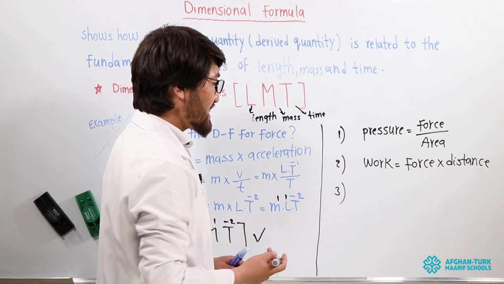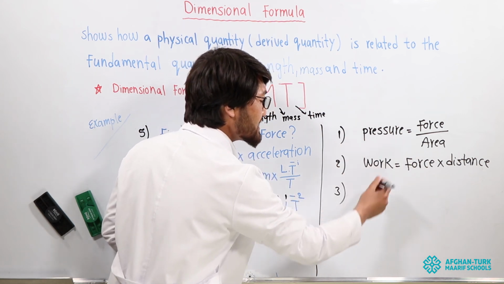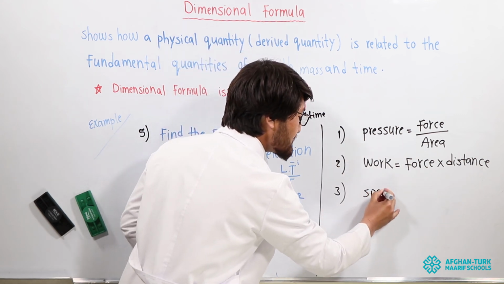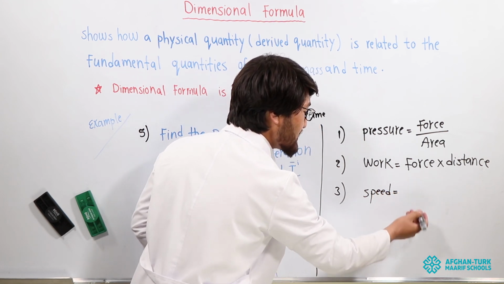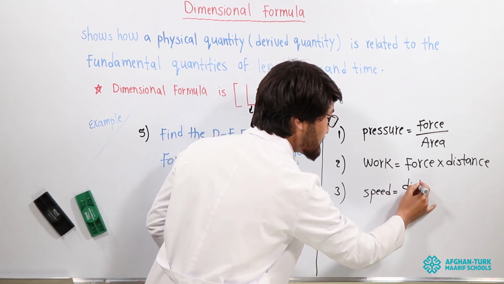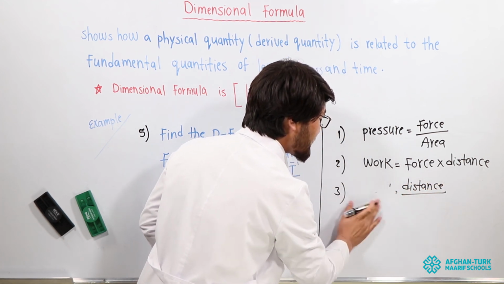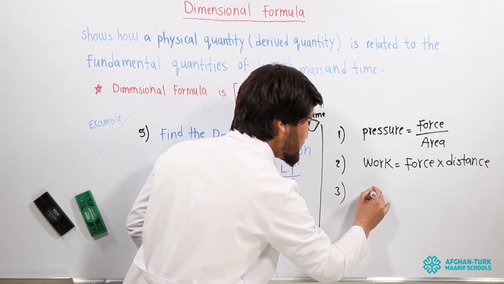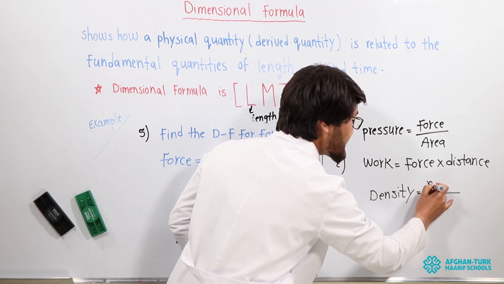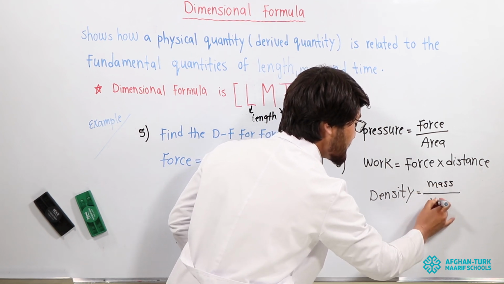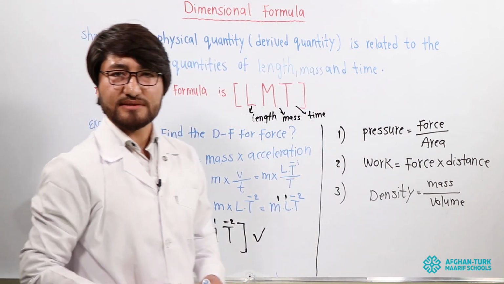Another question: speed is equal to distance over time. And another: density. Density is equal to mass over volume. Try to solve these questions.